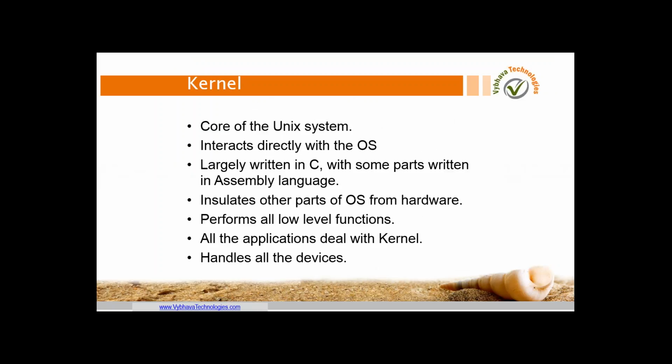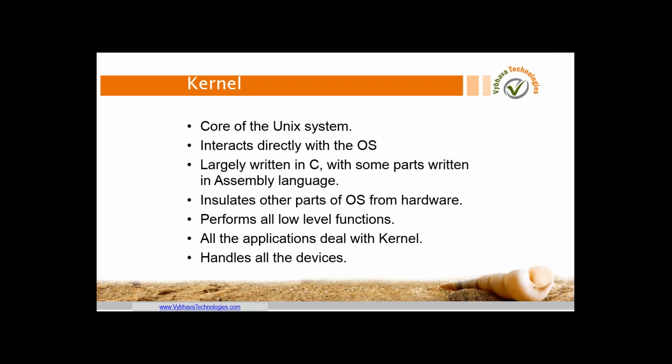So in the overall summary, the kernel is the core of the Unix system, interacting directly with the operating system, which may be Unix or Linux. Largely, utility scripts are written in the C language. So we can interact with C libraries, and then it can talk to the next lower level.